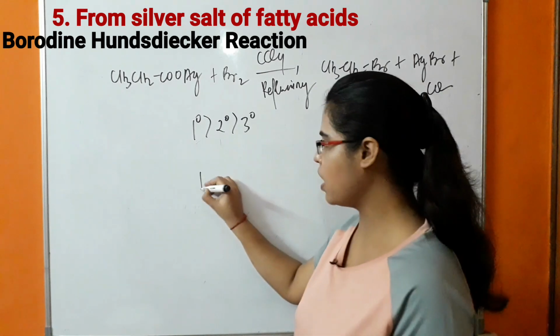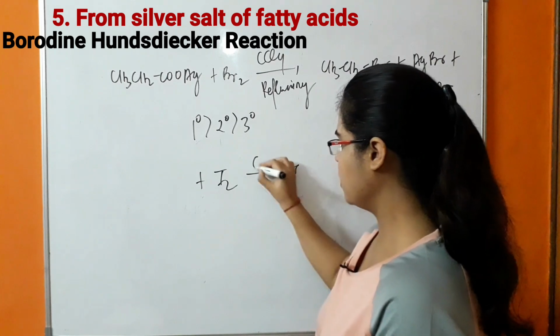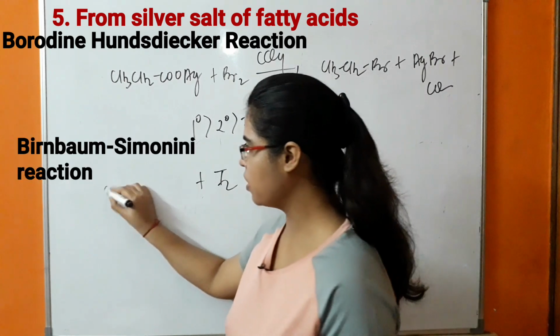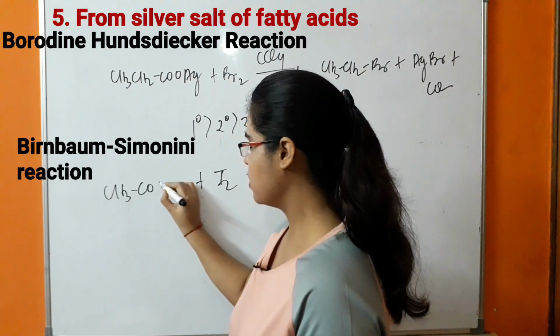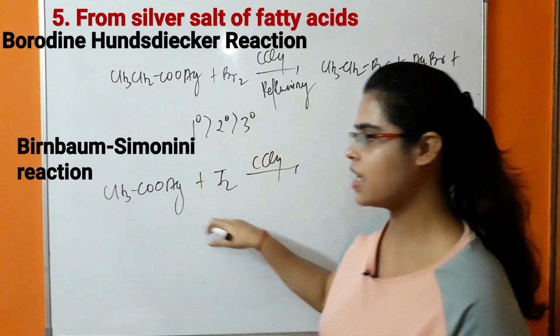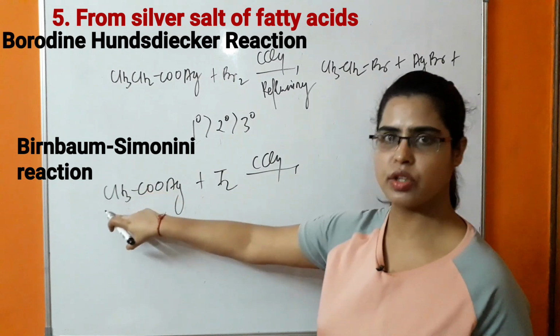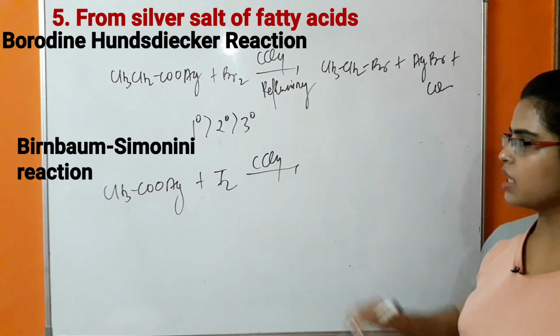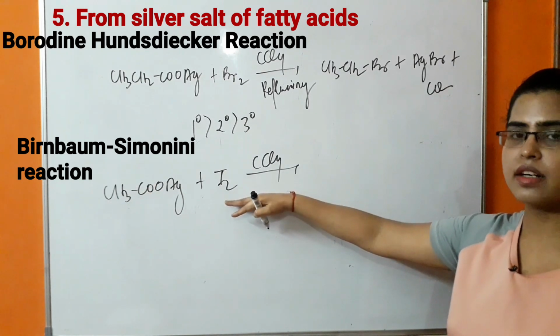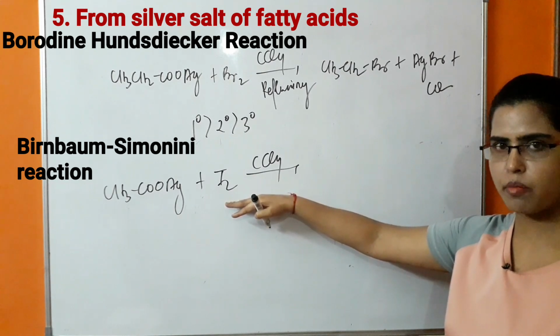Similarly, in the case of iodine, in the presence of CCl4, if we take silver salt of fatty acid, what is the name of this compound? This is silver ethanoate. So in the presence of iodine, a different compound is obtained.